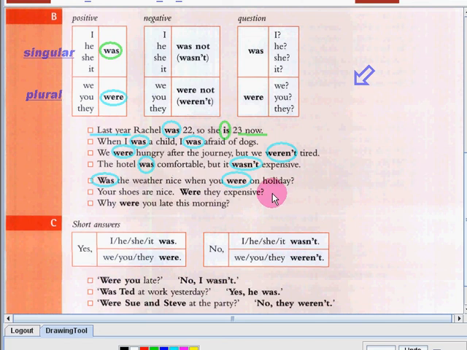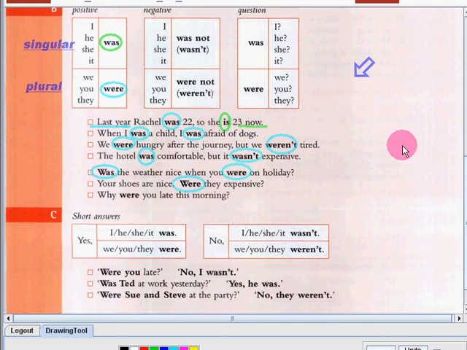Next: Your shoes are nice. Were they expensive? Here, we use the verb were. The speaker is asking if the shoes were expensive at the time that you bought them. So that's why we use the verb were.